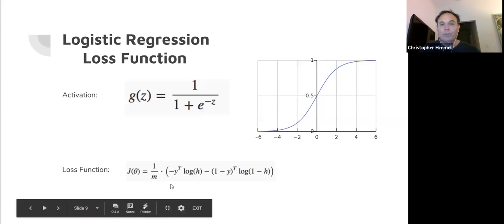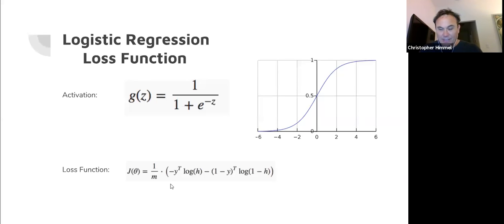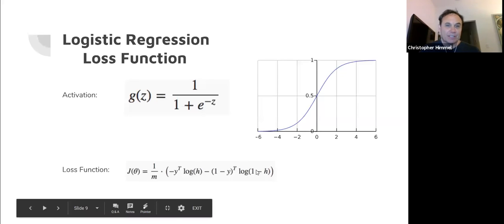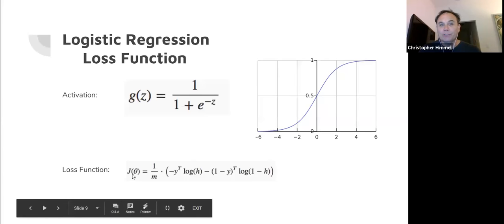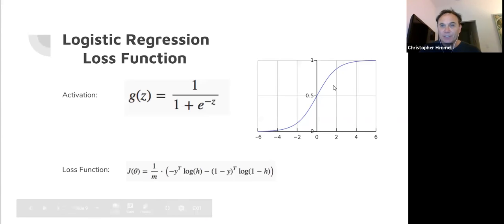However, we're using a different kind of loss in this case, and it's a more efficient way of doing it. It gives us a very, very simple answer. And I'm going to develop this loss function now in the next couple of slides. So that's what we're going to try to minimize, this loss function.